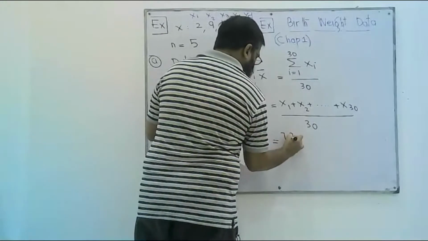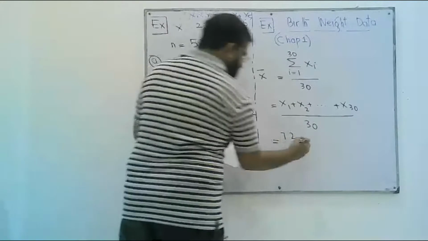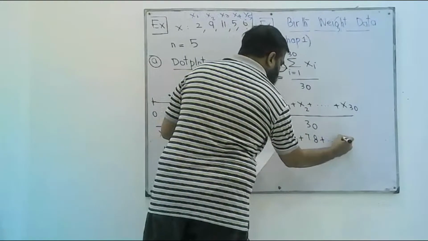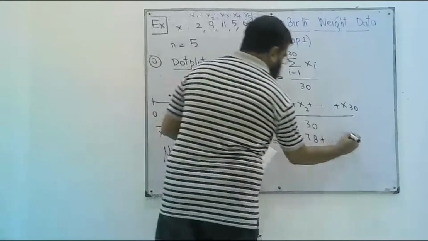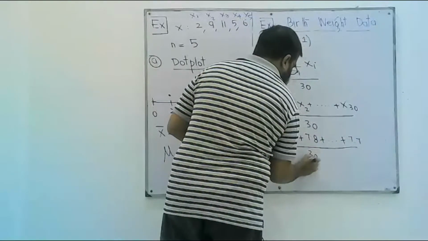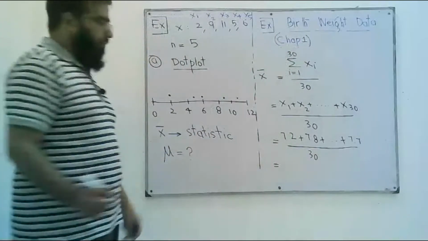The first measurement is 7.2. The second is 7.8, and the last is 7.7. So we have 30 measurements divided by 30 gives us 7.57.